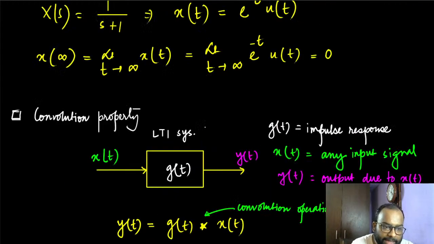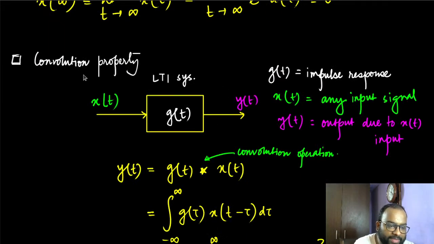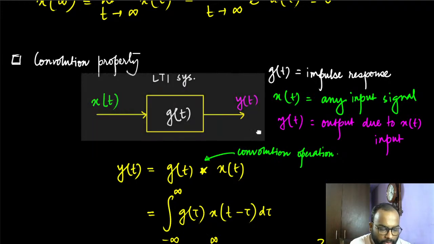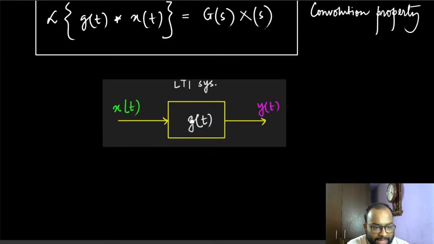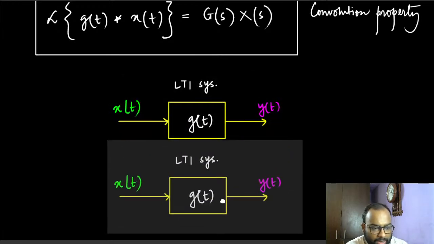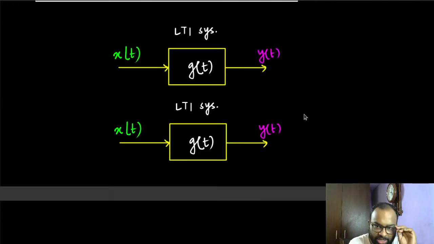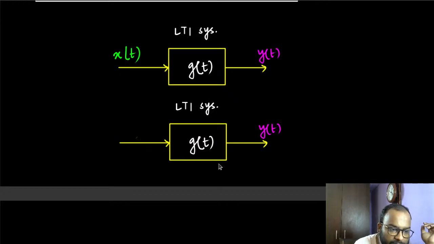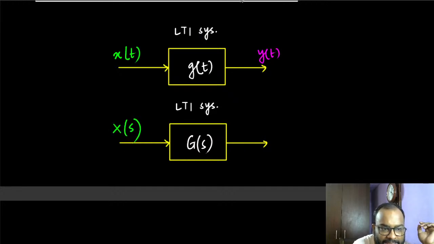Now this is very usable and pretty nice, and of course we have seen this being used in our earlier classes. What if we take the Laplace transform on this whole thing? The Laplace transform of the system's impulse response is G(s), the Laplace transform of the input is X(s), and the Laplace transform of the output is Y(s).